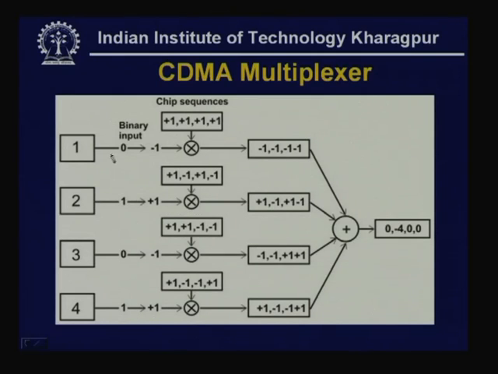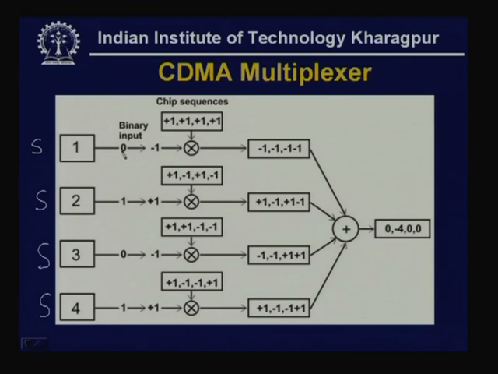So, here the binary data is coming from 4 different sources, say station 1, station 2, station 3, station 4. From station 1, 0 is coming, from station 2, 1 is coming, from station 3, 0 is coming, from station 4, 1 is coming.